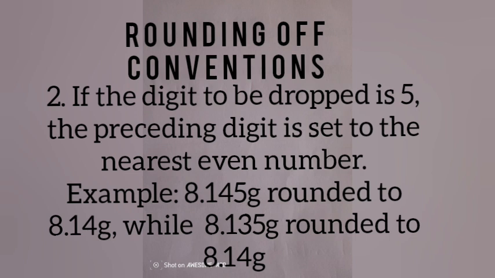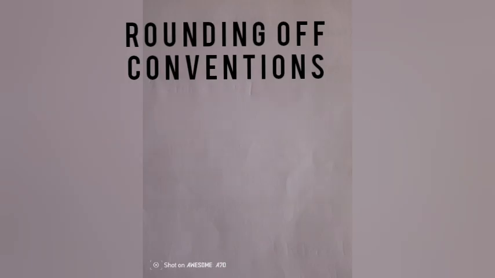Now, the number to be dropped is 5, while the preceding number is 3, which in this case is an odd number. So, you will not just drop the number 5, but you will drop the number 5 and increase the preceding number by 1. So, it's now reported 8.14 grams.